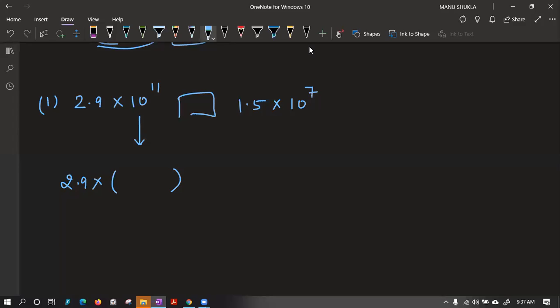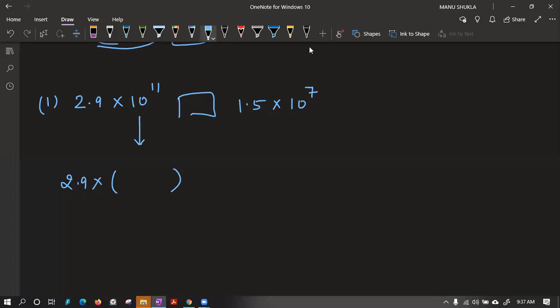If I want to break 10 power 11, how should I break it so that the powers on both sides become equal? You can make power as 4 and 7. Okay, others please try. How will you break 10 power 11 such that you can easily compare both the powers?